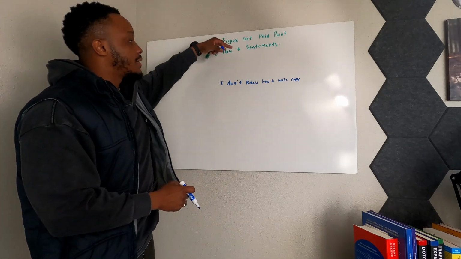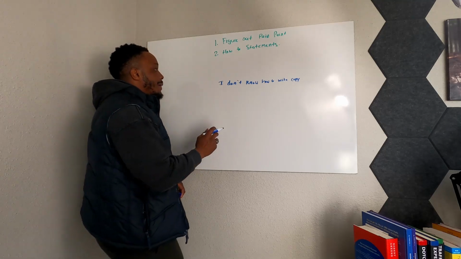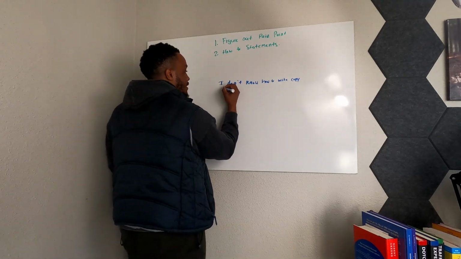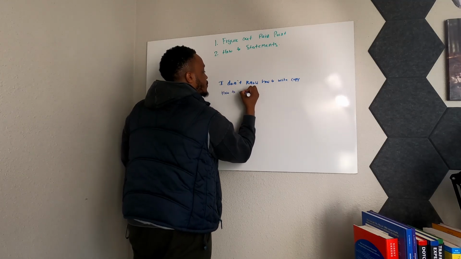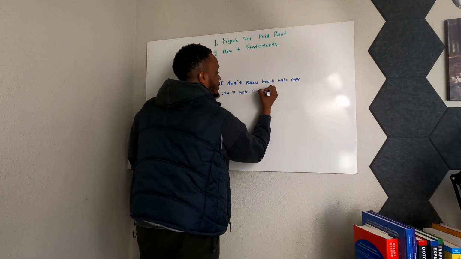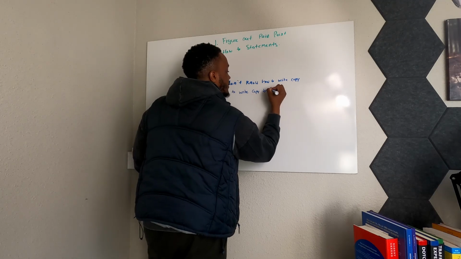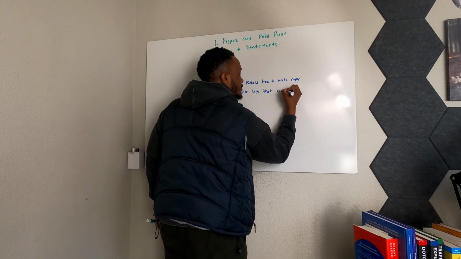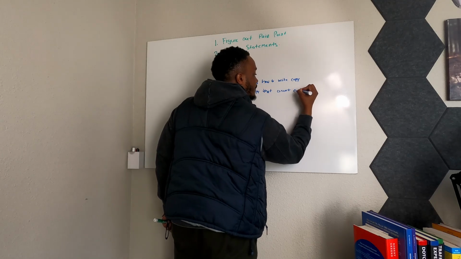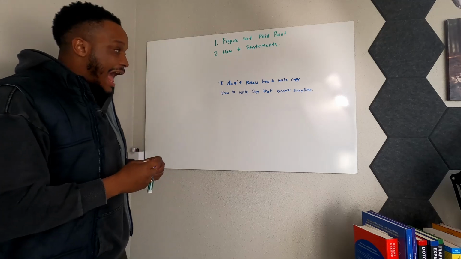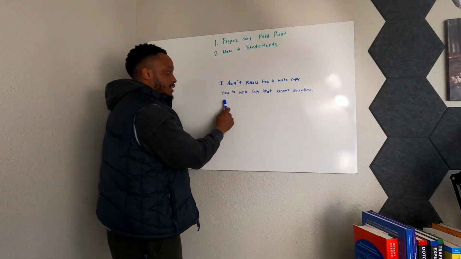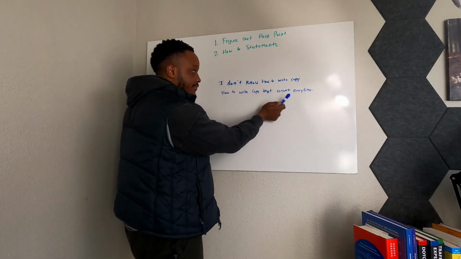So let's say this is one of the problems that we have. The how-to statement for step 2 is now this. How to write copy that converts every time, right? So now we're putting a how-to, right? This is the solution, how to write copy that converts every time.